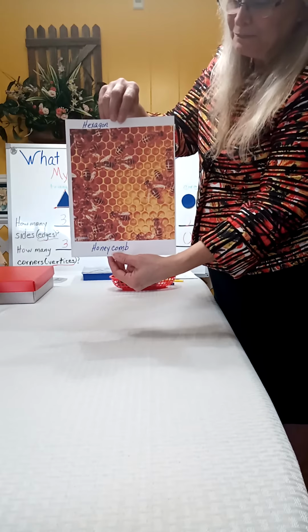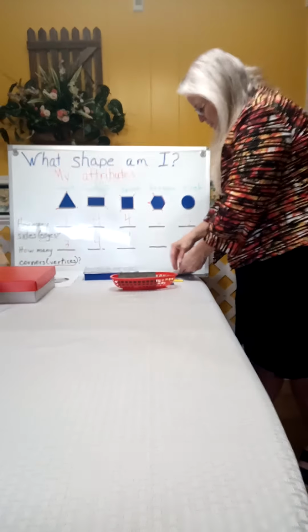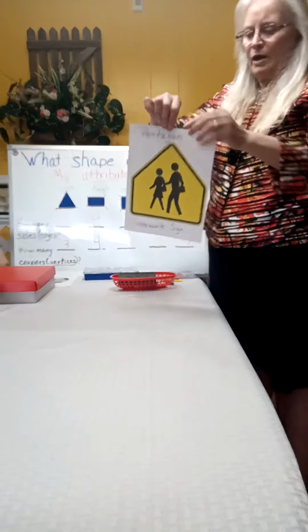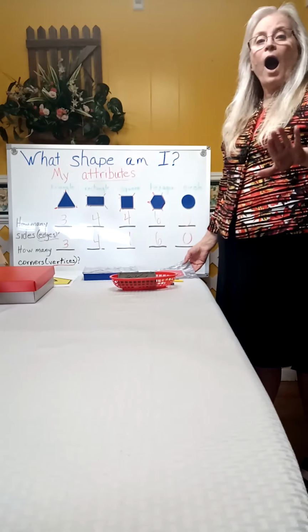Another place you can find a pentagon, a 5-sided shape, is right in front of our school, and that is on our crosswalk sign. It's yellow, it's a pentagon, and it has people walking. And when you learn to drive, you know that this means be careful. Someone could be wanting to cross the street. Slow down and look and stop for them. Another fun sign that we see everywhere is actually an octagon.